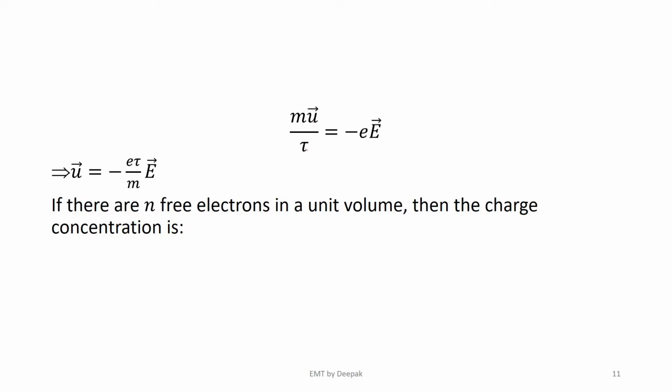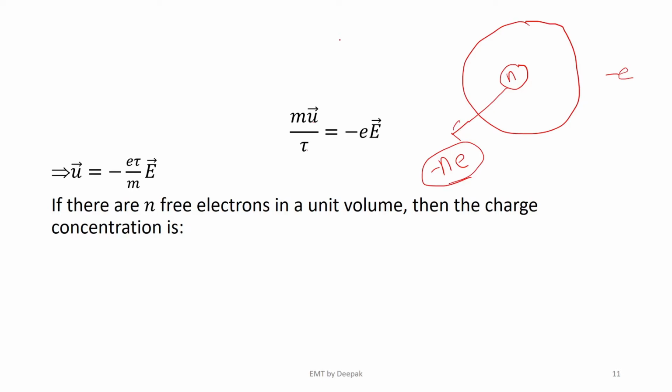Now, if there are n free electrons in a unit volume, that is, if you have a body and inside this body for unit volume there are n free electrons, the charge concentration is n times e, because one electron would give me minus e charge, and n electrons would give me minus n e charge, and the charge concentration is defined as charges per unit volume.